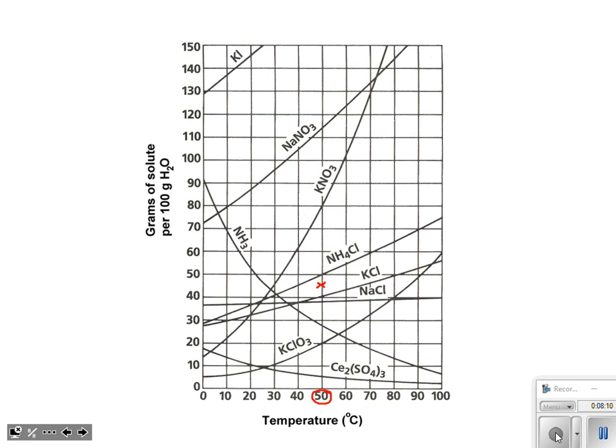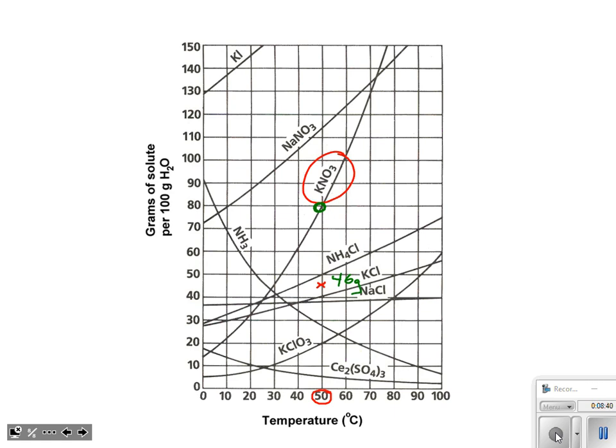Now, what do I need to do? Well, right here is my KNO3, right? So at 50 degrees Celsius, I can hold 80 grams of solute. I only had, what, 46? I only had 46 grams, right?